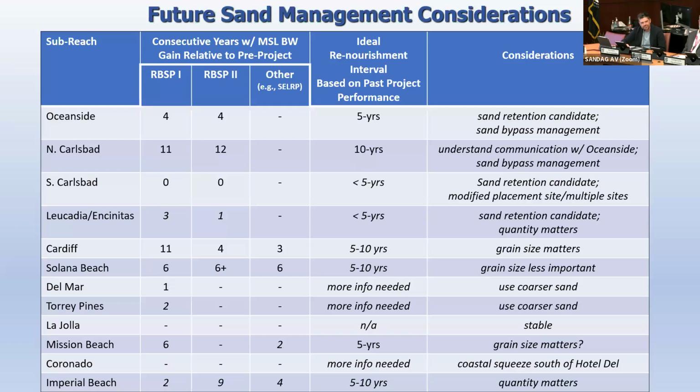Yeah, certainly you can. I was going with intervals of 5 years here, and you're at about 4 years, whereas the other two are less than that. Size matters too. If RBSP3 goes from 250,000 cubic yards to 1 million cubic yards, that's going to make a big difference in that renourishment interval as well. Certainly hope so. Thank you so much, Greg.